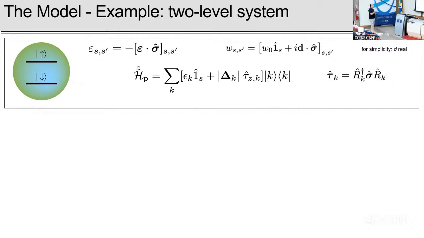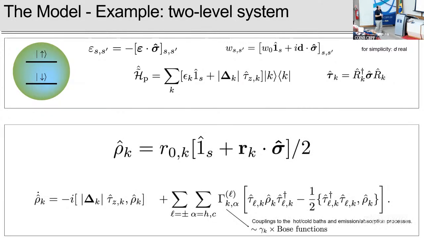The velocity is related to the derivative of the Hamiltonian with respect to K. Something which will play a role is this rotation matrix, which allows you to diagonalize the Hamiltonian, and which is K dependent.